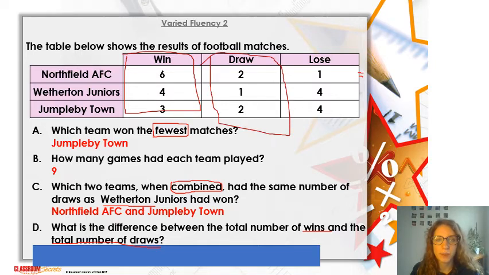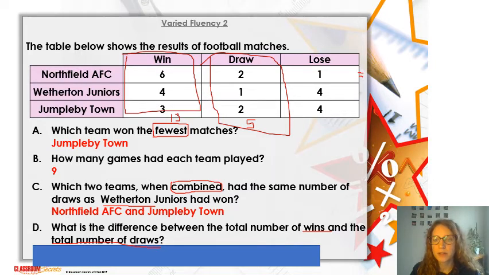Okay, so win, we've got 6 add 4, takes us to 10, and we've got add 3, so we've got 13, okay, in the win column. And then we've got 2 add 1, 3, add another 2 is 5, okay. But it says what is the difference between them.